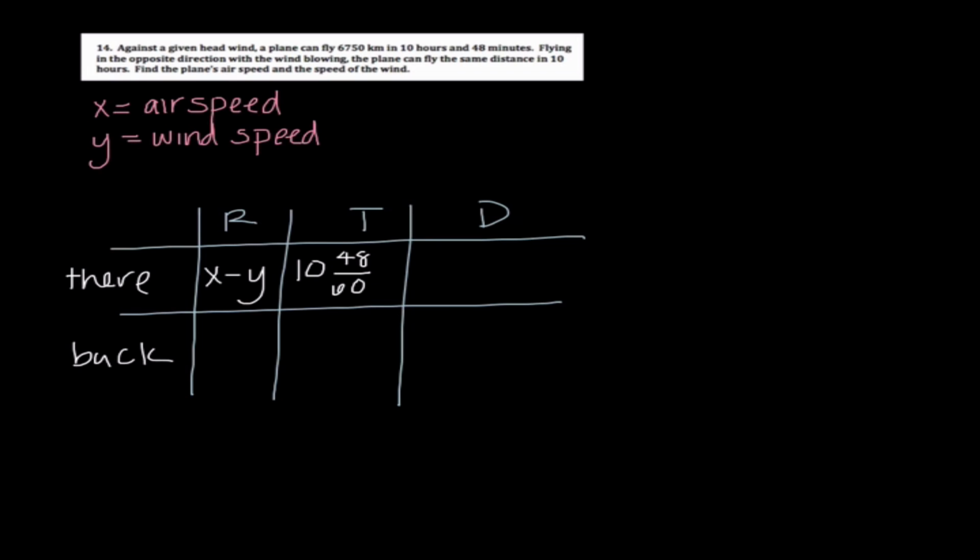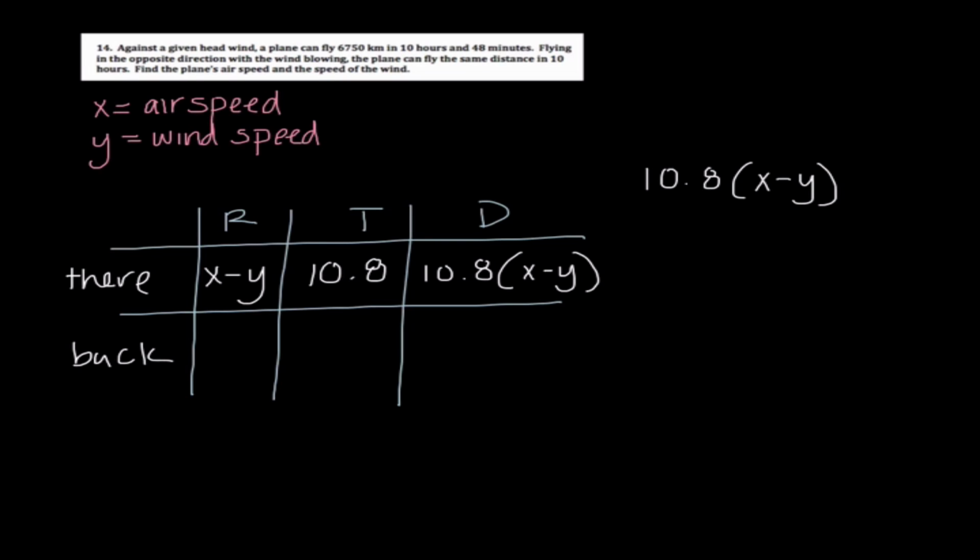I can actually simplify this, and it becomes 10.8. So I know my distance is 10.8 times x minus y. That's going to give me an equation of 10.8 times x minus y equals 6750.